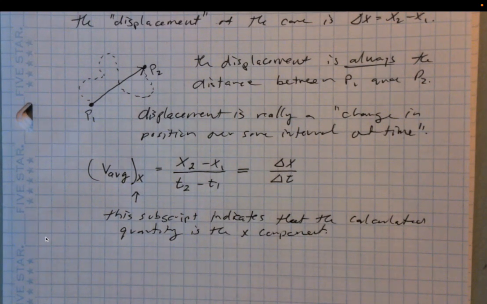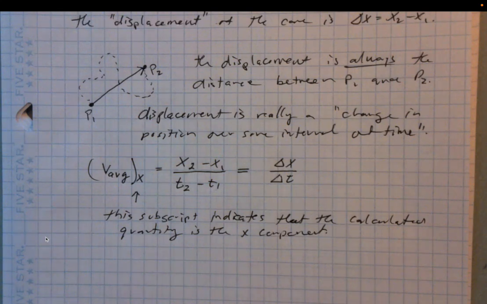Once we move into motion in 2 or 3 dimensions and higher, you'll note that velocity as a vector will have x, y, and possibly z components. Right now we're just dealing with the straight line notion, so you just have velocity as an x component. Okay, very good.